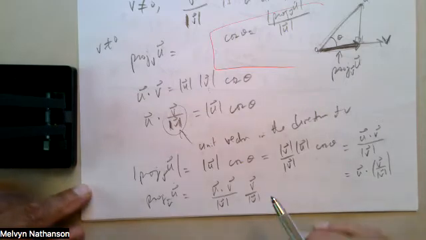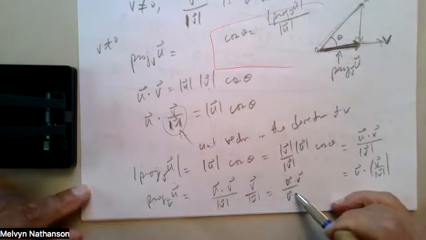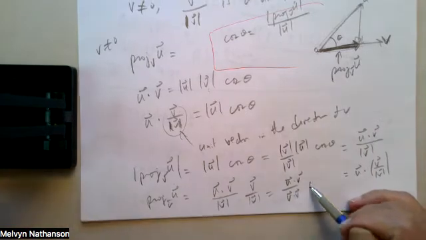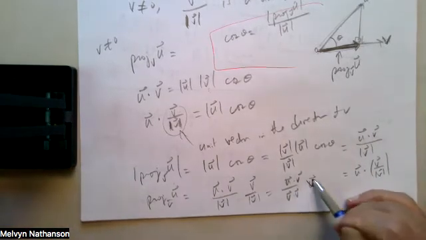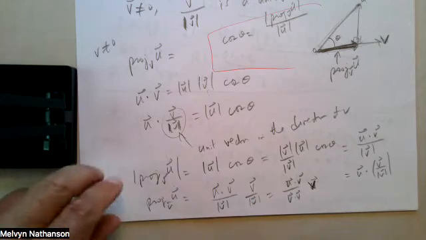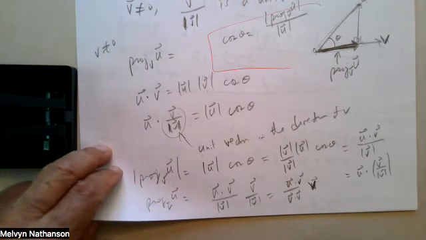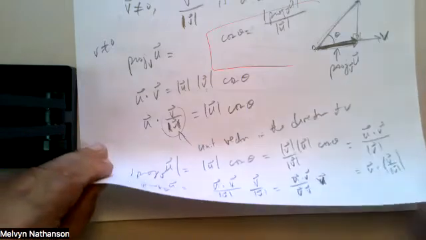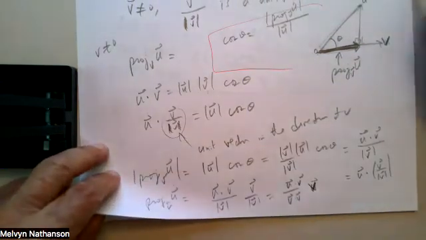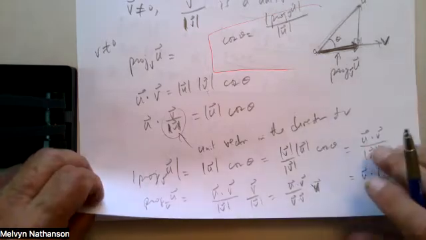And the length of v times the length of v is the inner product, the dot product of v with itself, times the vector v. So this is a very precise and correct derivation of the formula for the projection of u on v. Though the important thing in this course is just to be able to know and be able to use the formula.